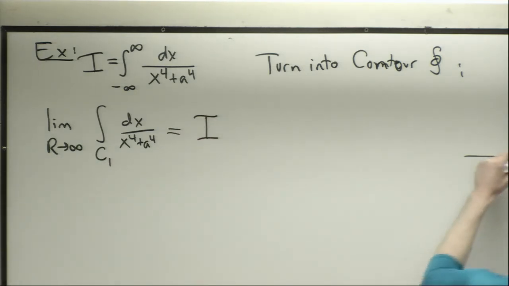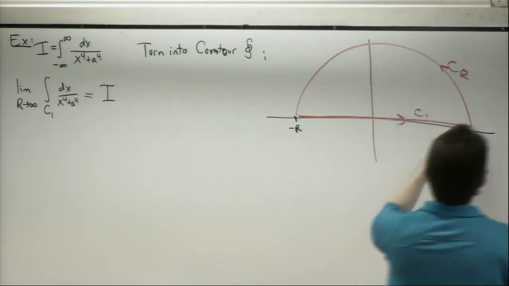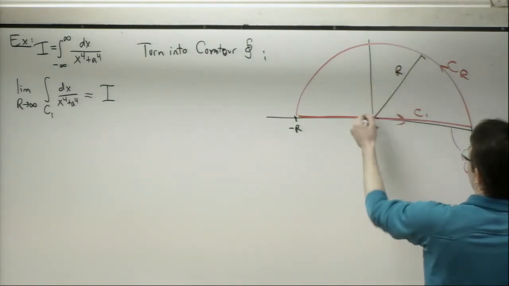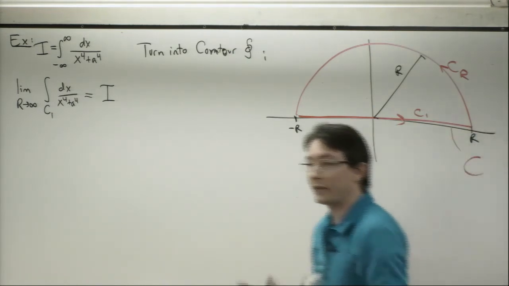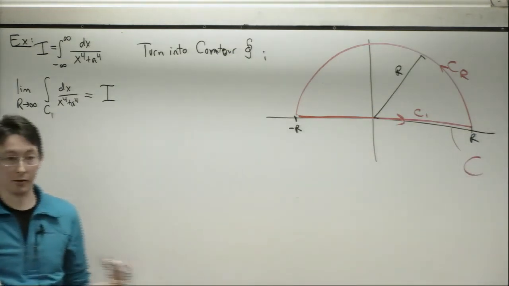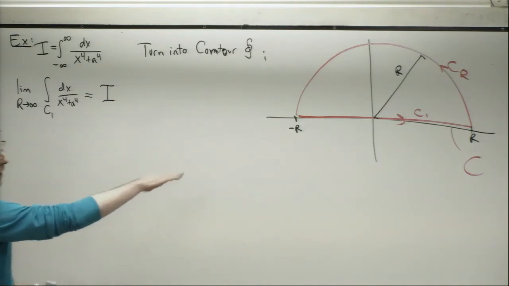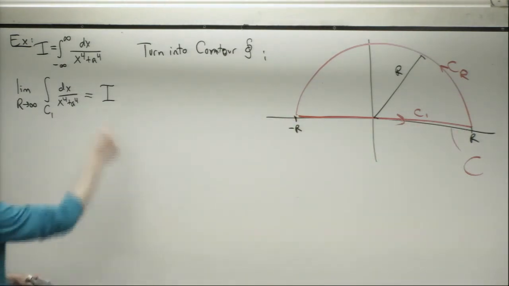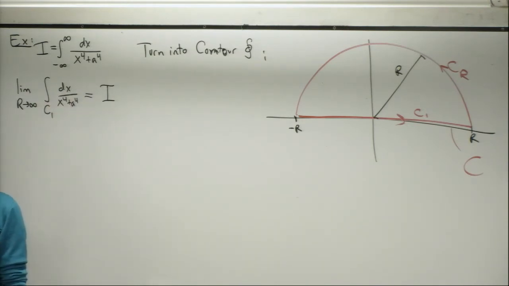Should probably put, this is minus r to r, and this is radius r. Okay? So I have this big radius r half circle that I'm integrating around, and the flat part of it, if I took the limit as r goes to infinity, would be the thing I actually want. Okay?